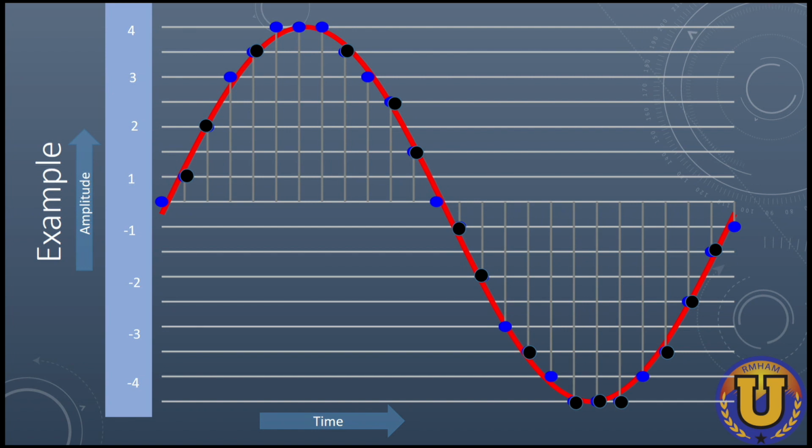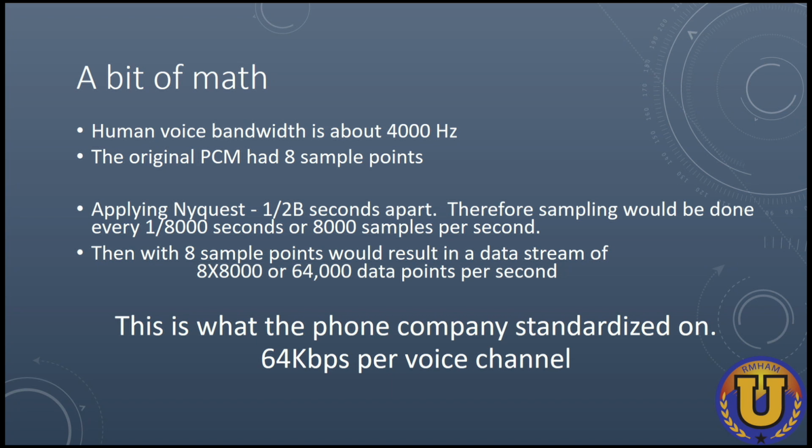And so 8 bits. So if we do the math, if you're sampling at 8,000 times a second and you've got 8 bits, you end up with this 64 kilobit voice channel. And that's been pretty standard throughout the ages, and we still use it today, more or less.